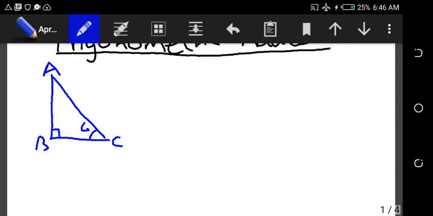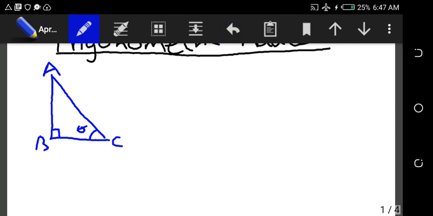It's called theta. So we have a theta here. Now, how do we evaluate the sine, the cosine, and the tan of this angle theta that we have here?